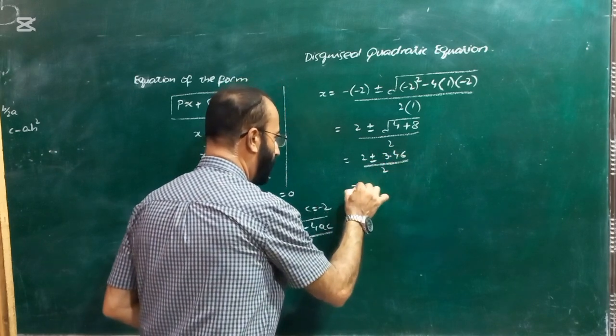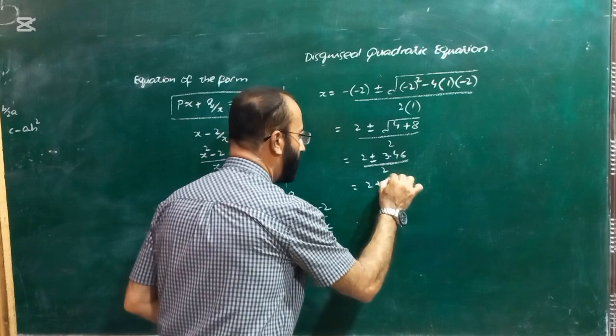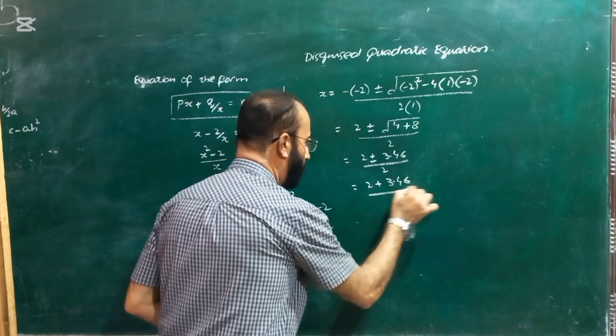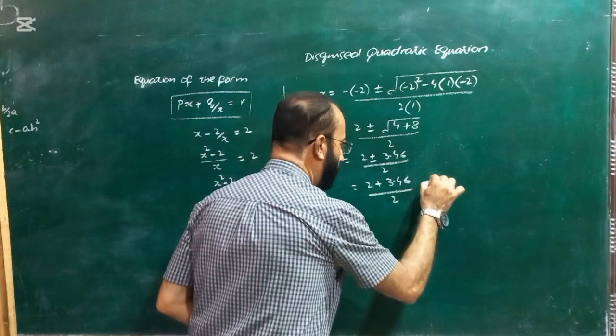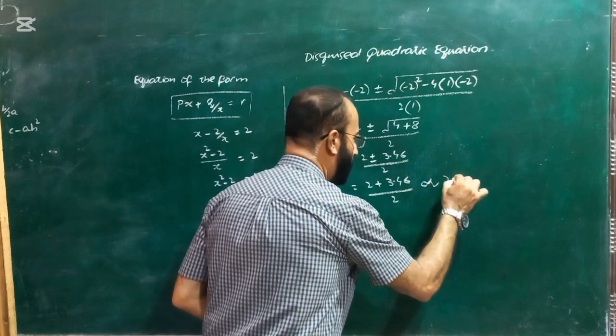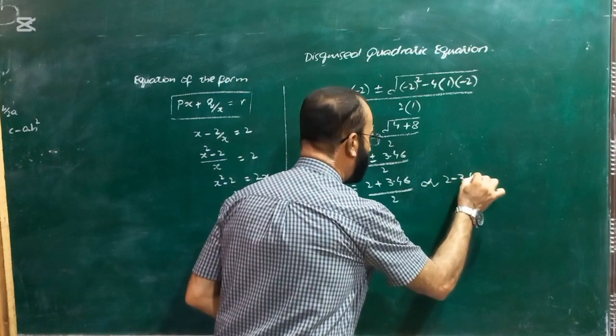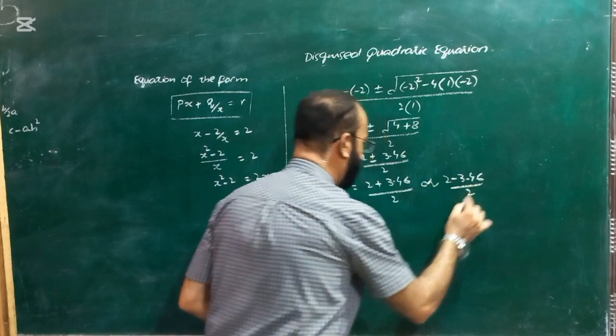So this is (2 + 3.46)/2 or (2 - 3.46)/2.